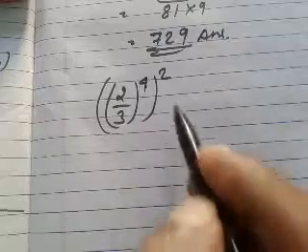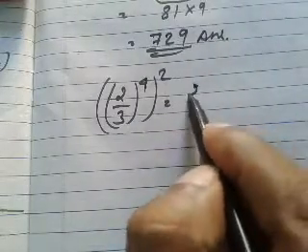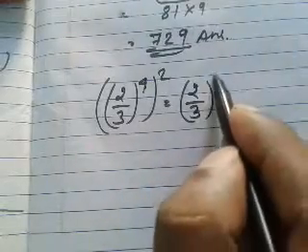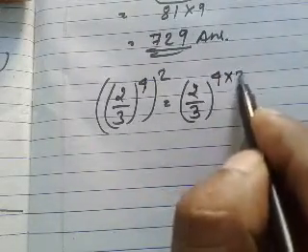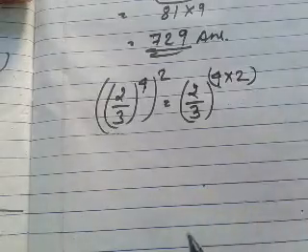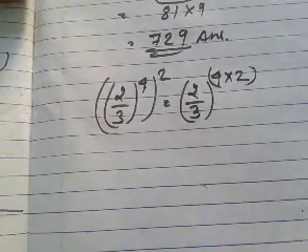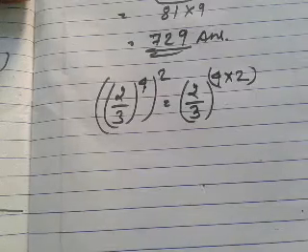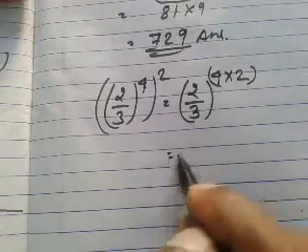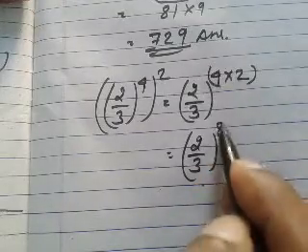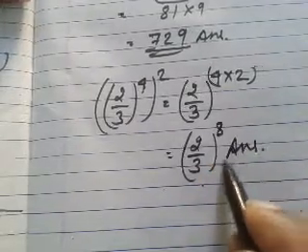So in this case we will write 2 upon 3 as the base, and power of power means 4 multiplied by 2, not addition. If we add these two powers, then you will get a wrong answer. So the answer will be 2 upon 3 to the power 8. This is your answer.